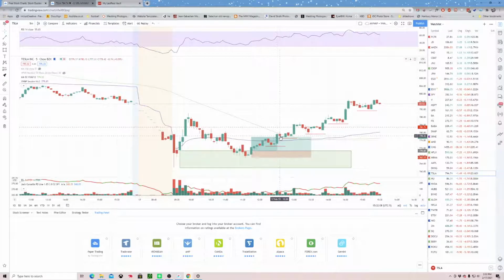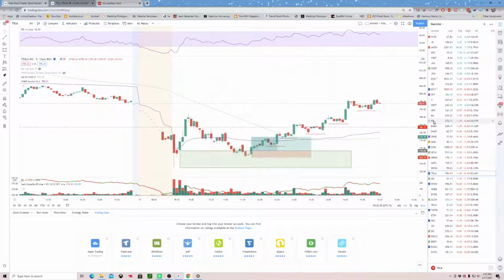You've added here another 10. So if your risk is say 250 in my case, that's $500 plus the 10 shares that you've added there. So you would have definitely made something from this point.